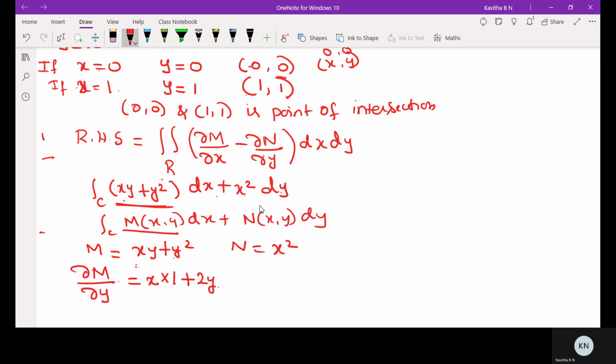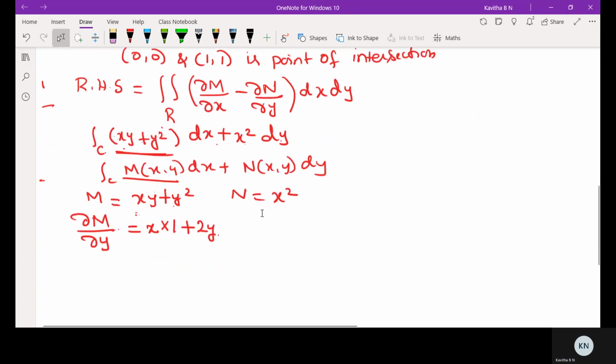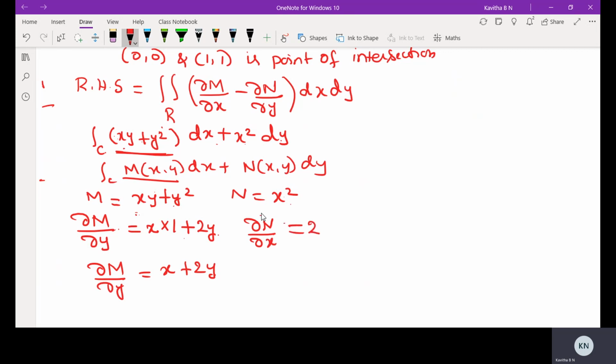So del M by del y is equal to x into 1, which is x, plus 2y. Understood? Then del N by del x, partially differentiating with respect to x, means 2x. Del N by del x is equal to 2x.